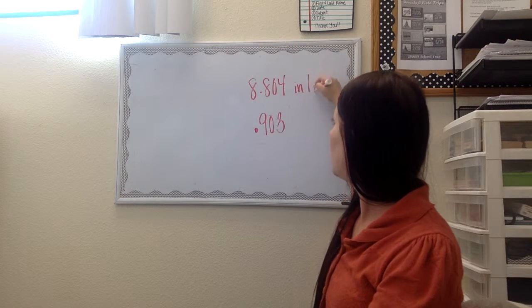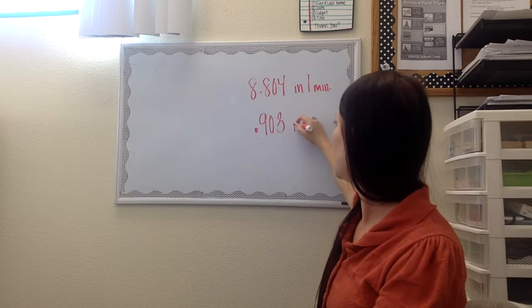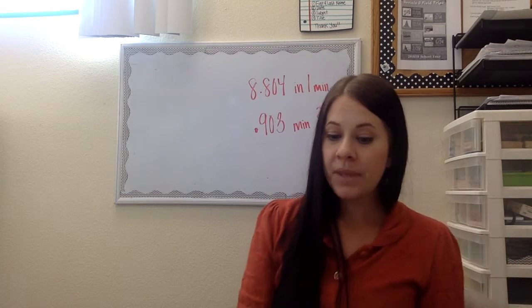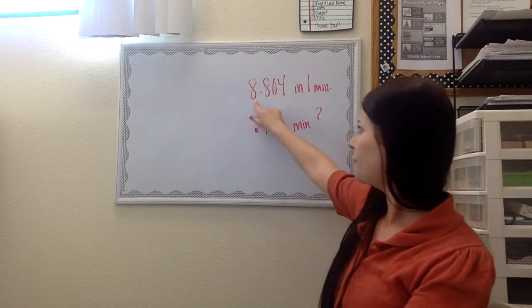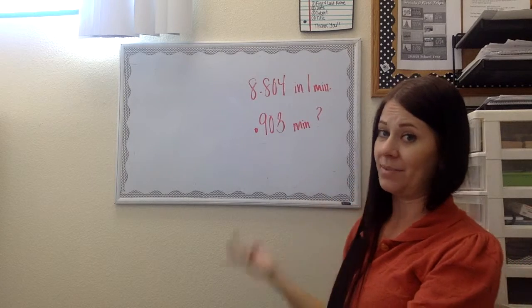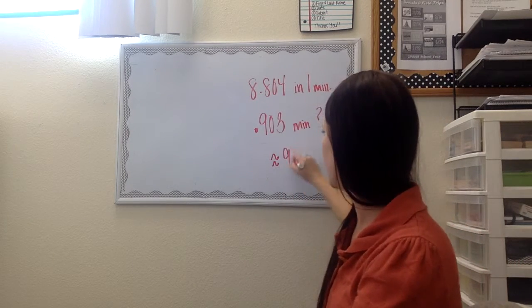Okay, so this is in 1 minute. How many in this 9.3 minutes? Okay. So if we want to estimate, this should go up to 9. This should go to 1, and 9 times 1 is about 9 pages.